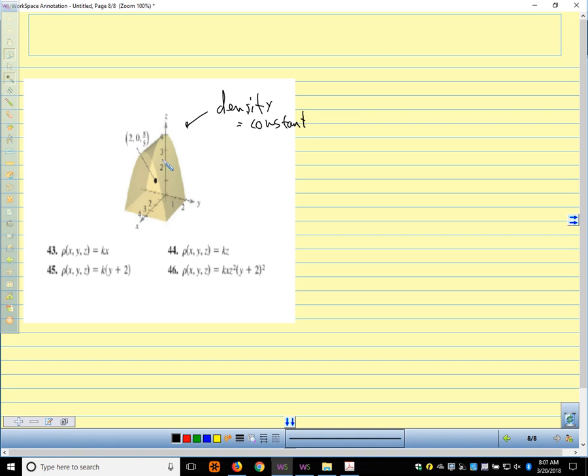So we have this parabolic cylinder. This is similar to the shape we drew before, except it's along the x-axis instead of along the y-axis. And we want to know how the center of mass would change if the density were rho equals kx. So how does the center of mass change?